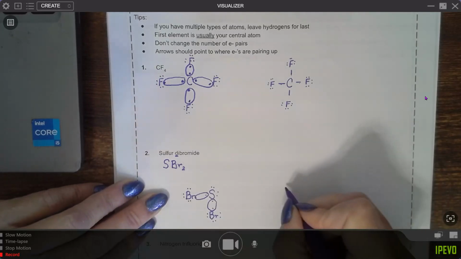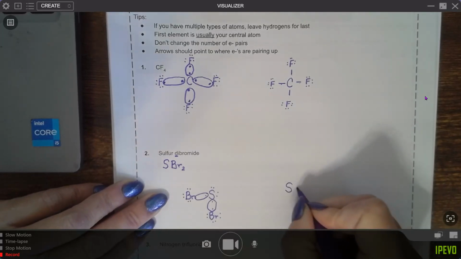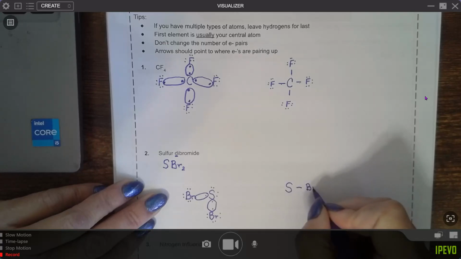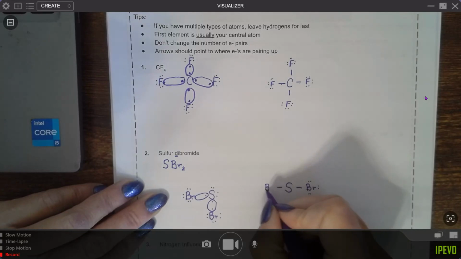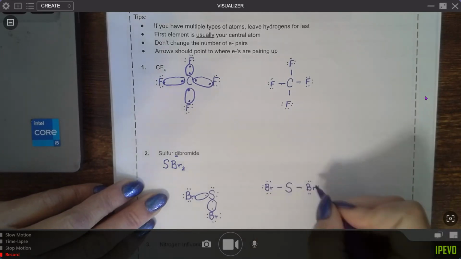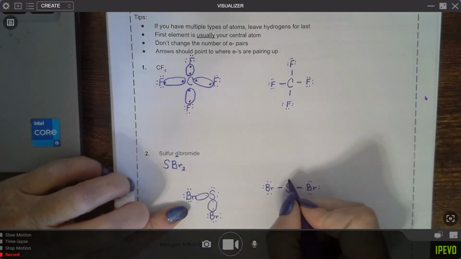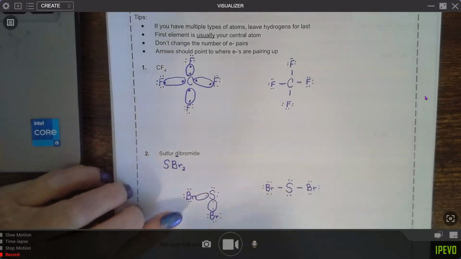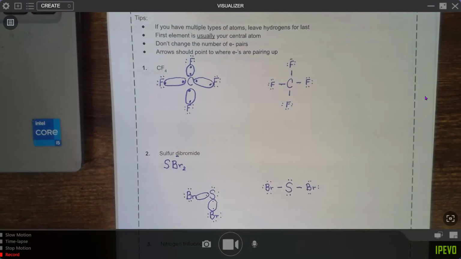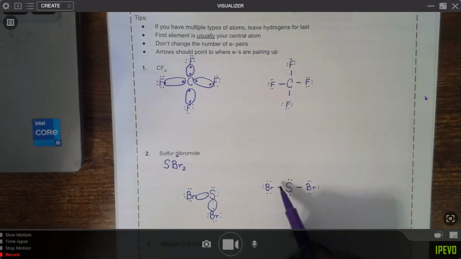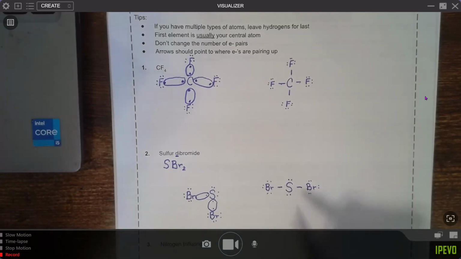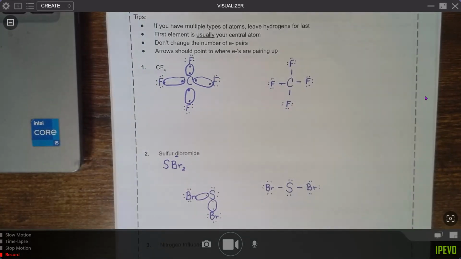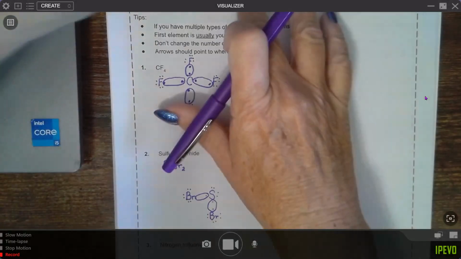If I redraw that, I'm going to draw the sulfur in the middle, attached to a bromine on each side. Don't forget the lone pairs of electrons on the sulfur atom. If you count, bromine has 8 valence electrons and sulfur has 2, 4, 6, 8, so all of our atoms have followed the octet rule.